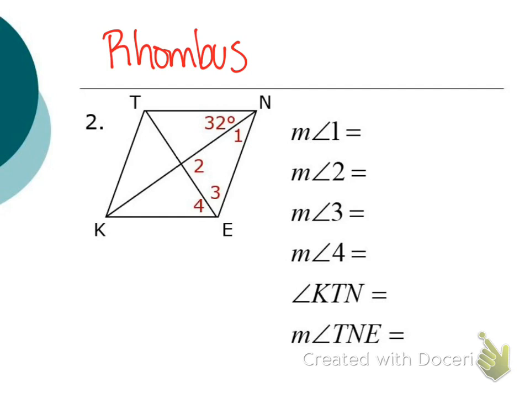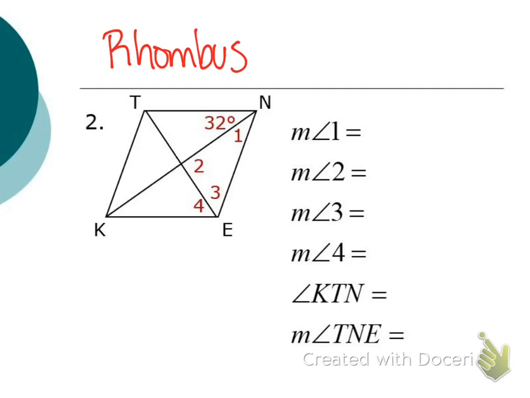Inside of a rhombus, we first need to know the measure of angle 1. Anybody know what it would be? 32. Why? Not all the angles would be congruent.